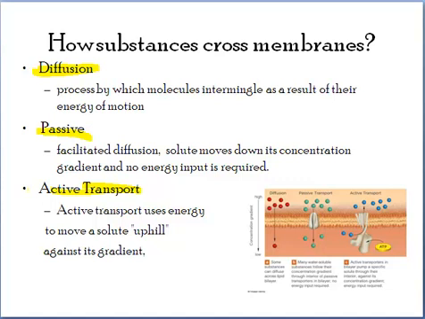Passive transport is a means of transport in which some facilitation is required. For example, the first instance you saw for diffusion was in the first diagram, and the second diagram shows the passive transport. You notice that there seems to be a gate or a chamber which helps the molecules move across.